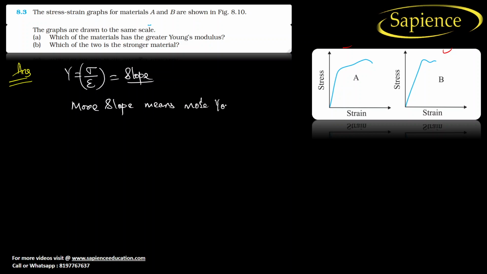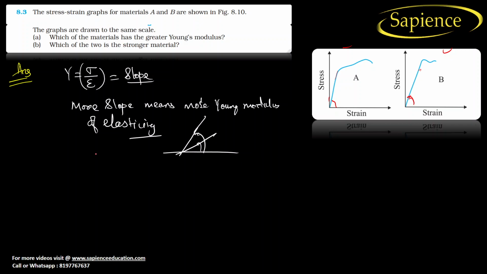So which has more slope? Let us consider this is the angle. The more the angle, the more tan theta, which means more slope. When we observe both graphs carefully, this one has the larger angle and more slope, but this one has less slope.